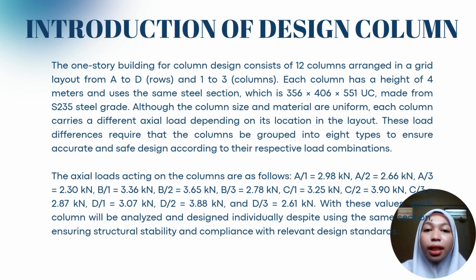Although the column size and material are uniform, each column carries a different axial load depending on its location in the layout. This load difference requires that the columns be grouped into 8 types to ensure accurate and safe design according to their respective load combinations.